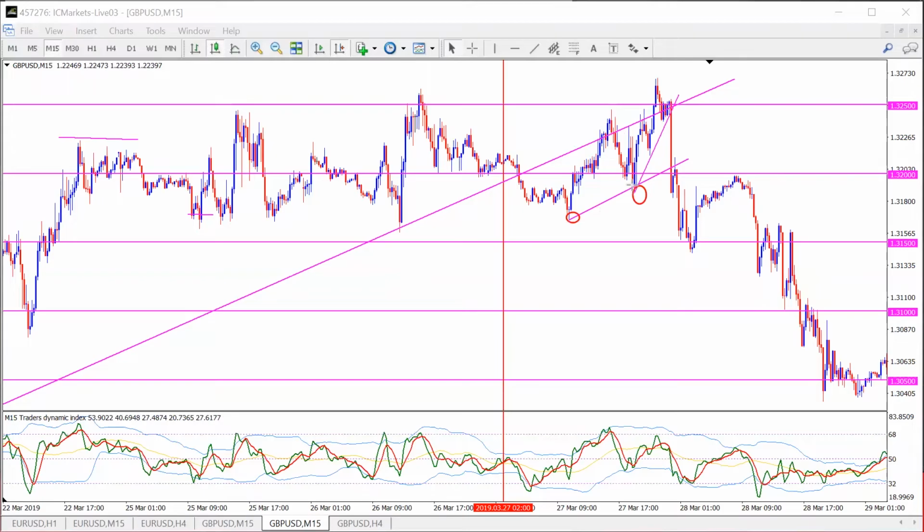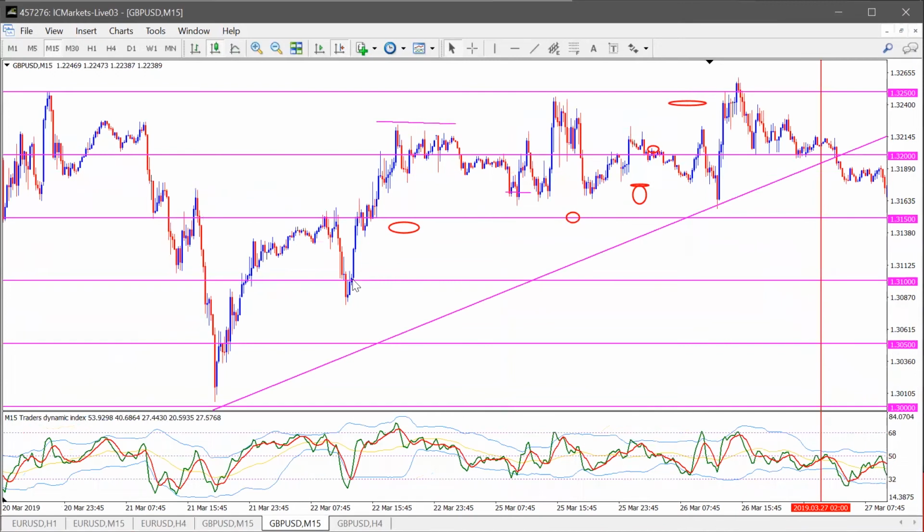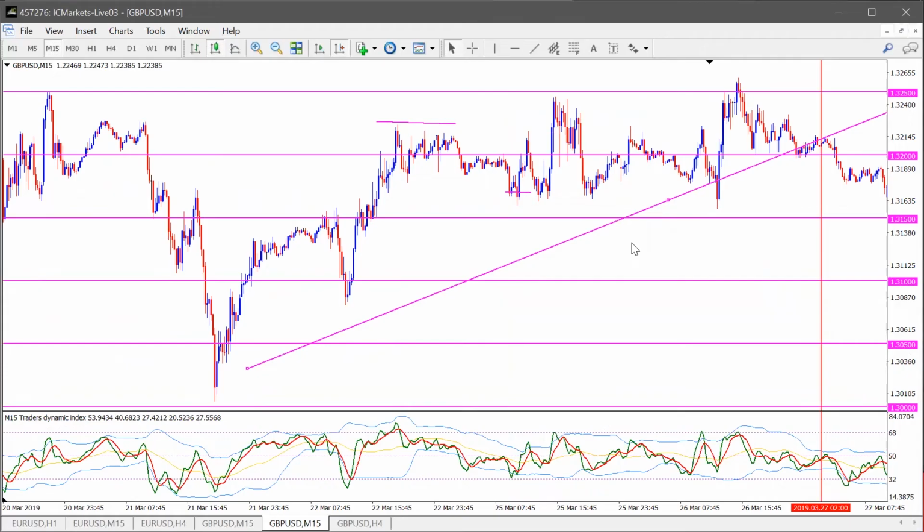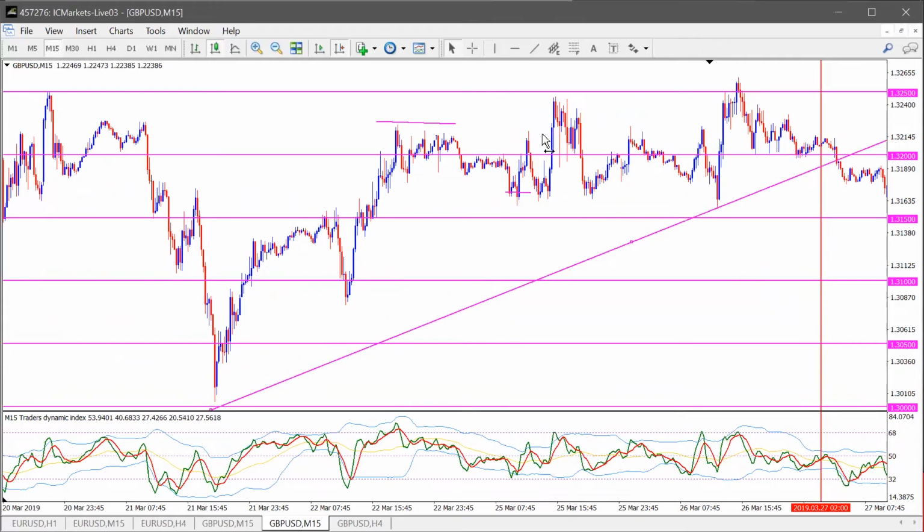This smaller one, we've got 1, 2, break here. This one we've got 1, and here is 2, and here is the second one. So that's that on trend line.